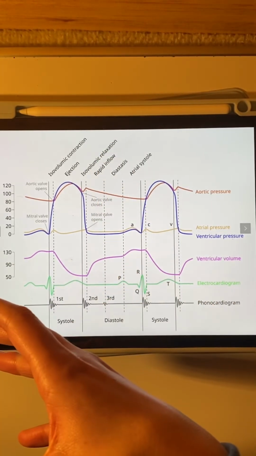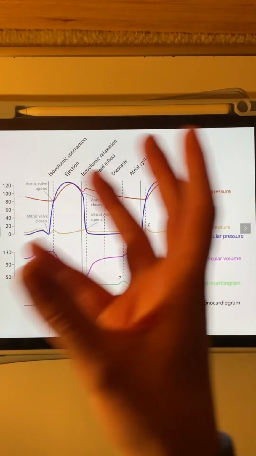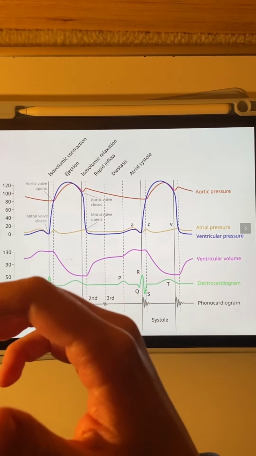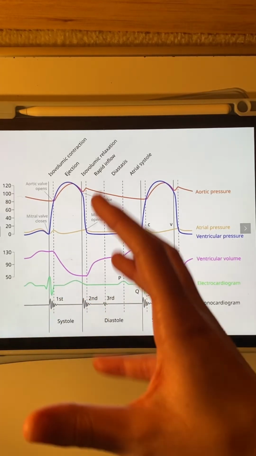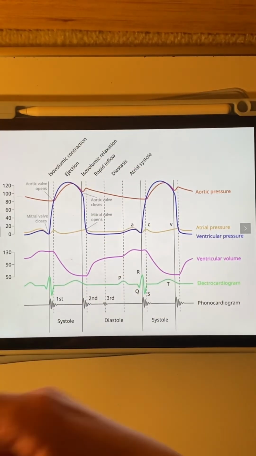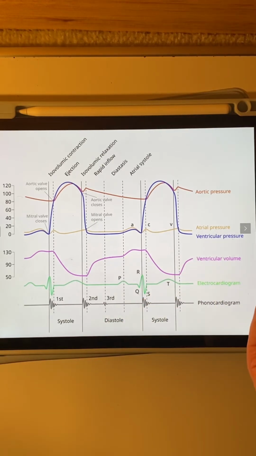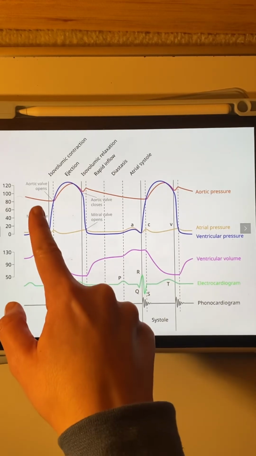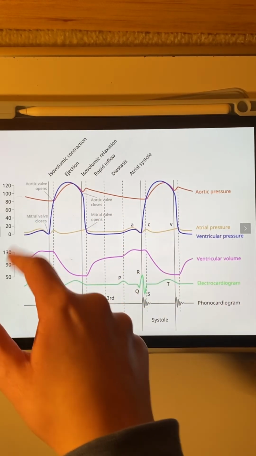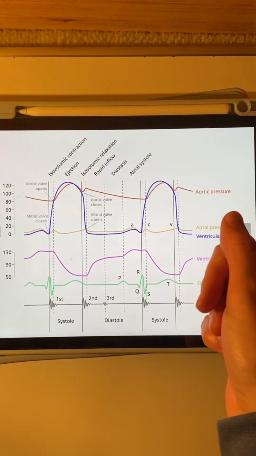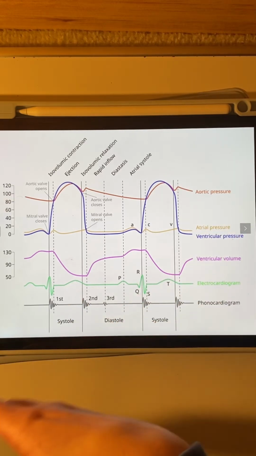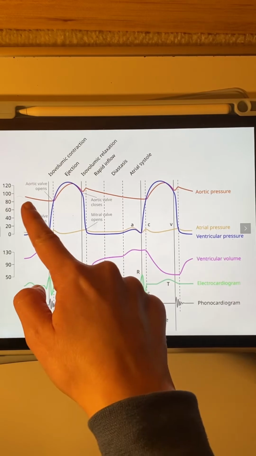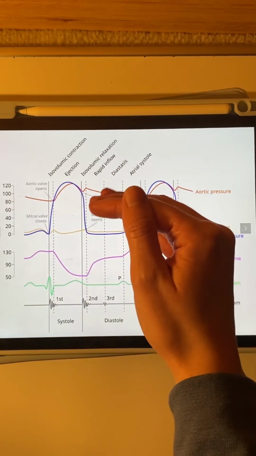Now, we know that systemic vascular resistance is a whole system, so if we increase our blood pressure, we can have a backup of pressure, which can increase our afterload. So what this is going to affect on Wiggers is our aortic pressure line. If we increase our afterload due to the backup of pressure caused by the atherosclerosis, we're going to shift this entire red line up.